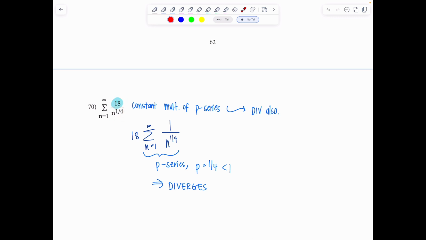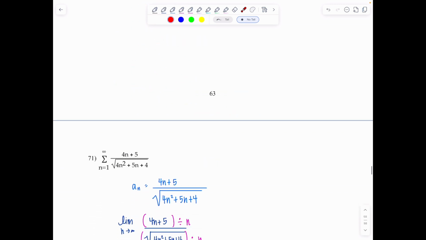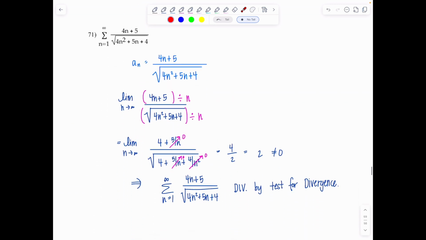So I didn't even talk about it because most of the time the terms do go to 0. Remember, test for divergence only will tell me that my series diverges when the terms don't go to 0. If they do go to 0, I have no info and I have to pick something else. But when it doesn't go to 0, then it's very important that we point that out and use the test for divergence to say the series diverges.